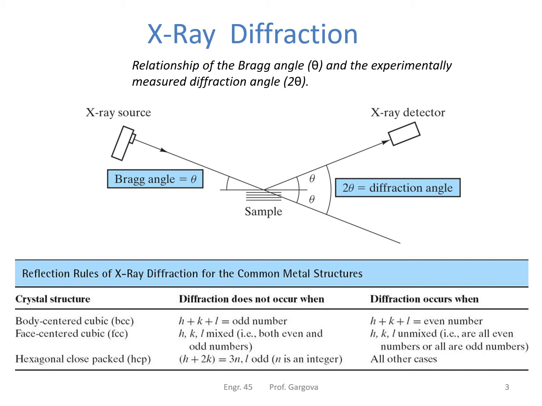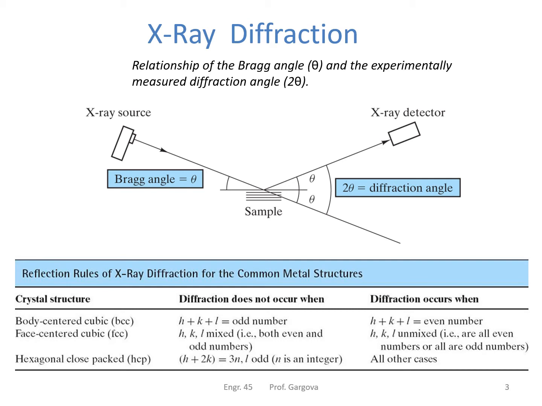For example, for BCC, if we have HKL, which represent a plane, and the sum of these Miller indices for the plane is odd, then there would not be a diffraction, or we would not detect a peak for that particular plane.